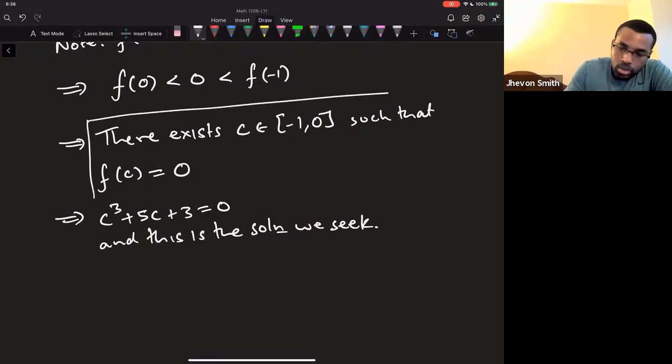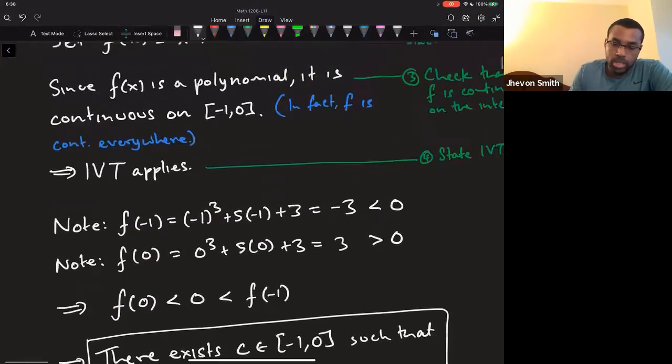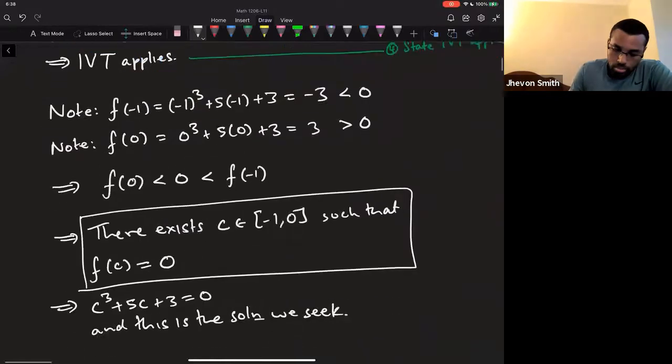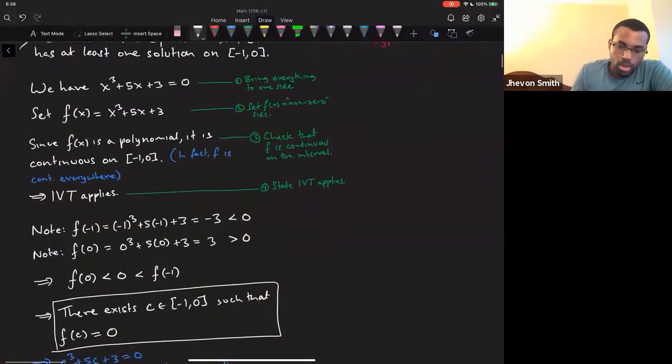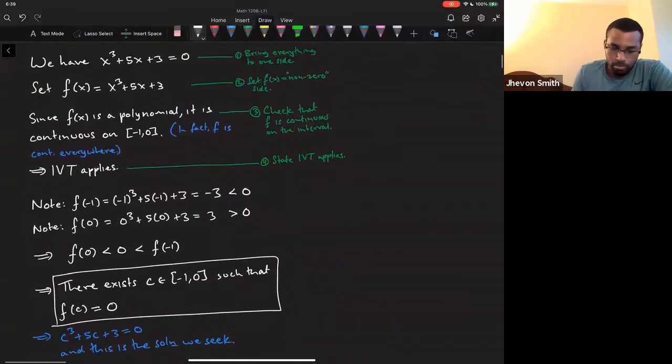This entire thing here would be the answer. There's some number in that interval such that the output would be 0, which is what we have in the function here. And so that is how you would work out that example.